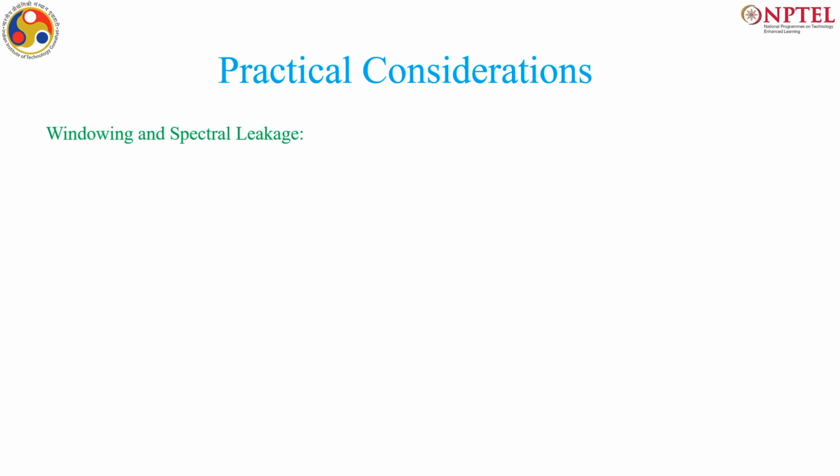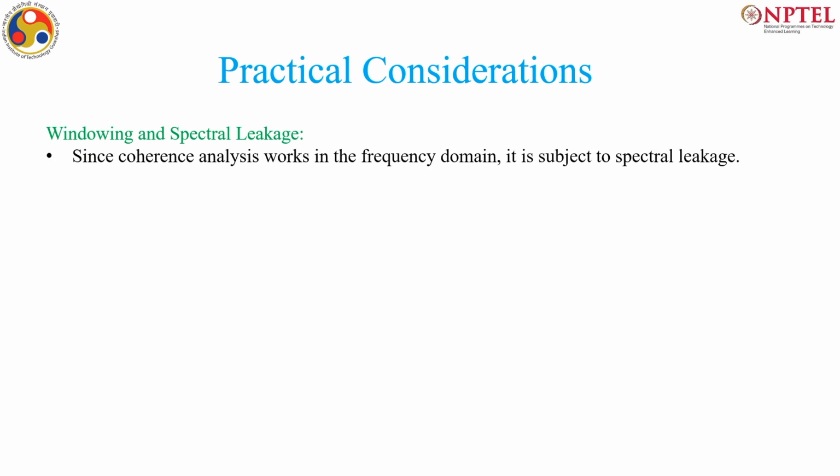So, one is windowing and spectral leakage. What is spectral leakage? Let me explain it in a nutshell. Say I have a sine wave, from minus infinity to plus infinity. If this is a 50 hertz sine, I should get a spectrum at 50 and minus 50.